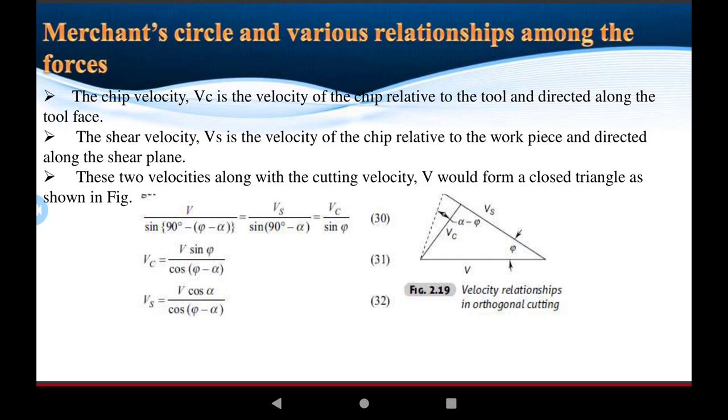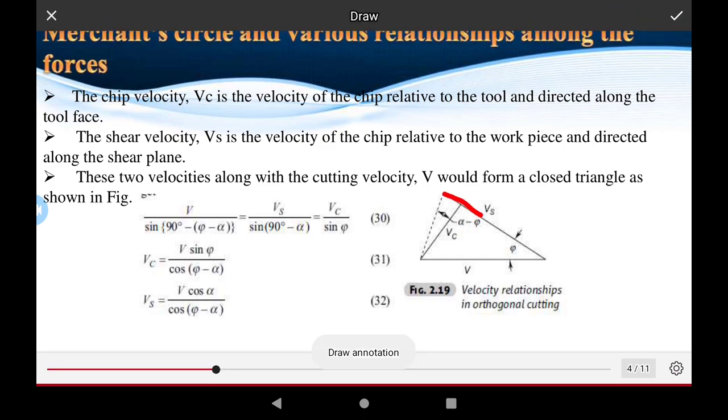The two velocities and the cutting velocity V close into a triangle, with this angle being phi and this angle being alpha, and this one a right angle.